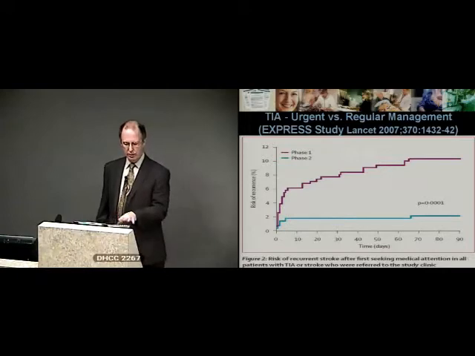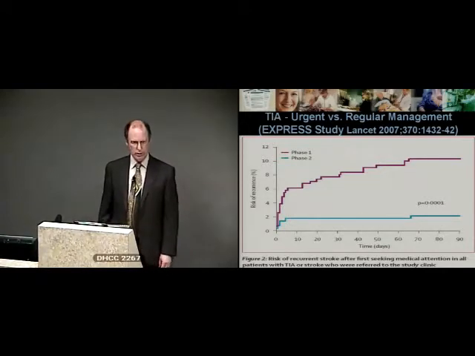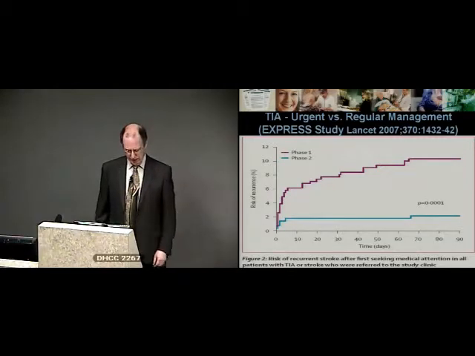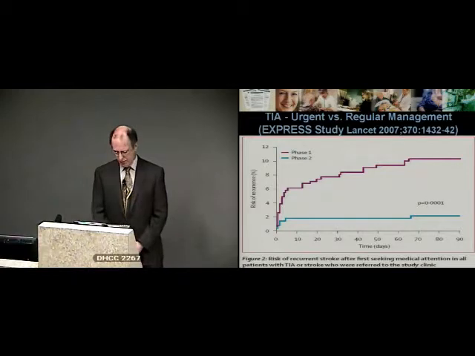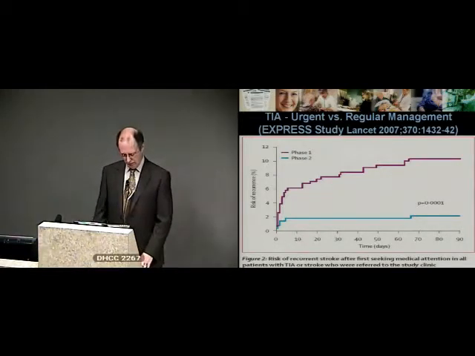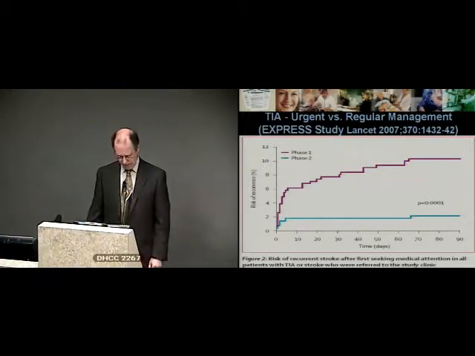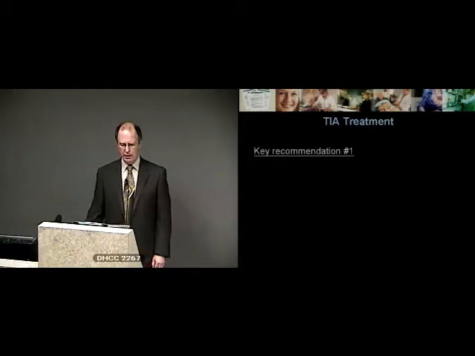In fact, if you look at the control group, there were over 1,300 hospital admissions for vascular causes, and in the rapid treatment group, 427. So there's a possibility of tremendous cost savings there, along with, obviously, saving of a huge number of strokes. So this brings about the first of our 7 key recommendations.